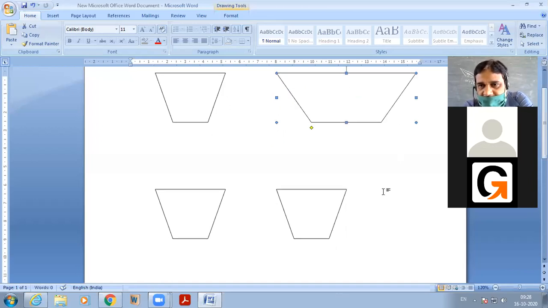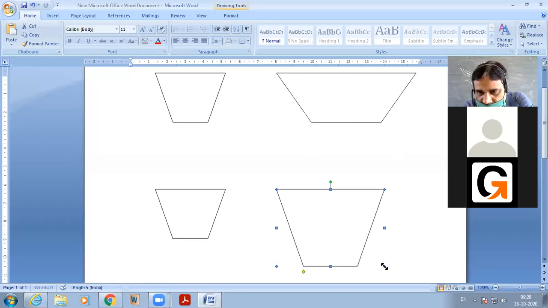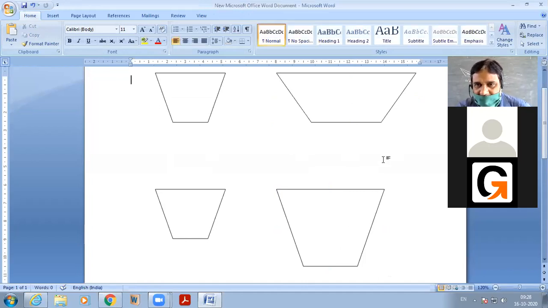And here let me expand through the corner. Here I have stretched only the right side, and here I have stretched through the corner. So what is the difference between this pair and the second pair?